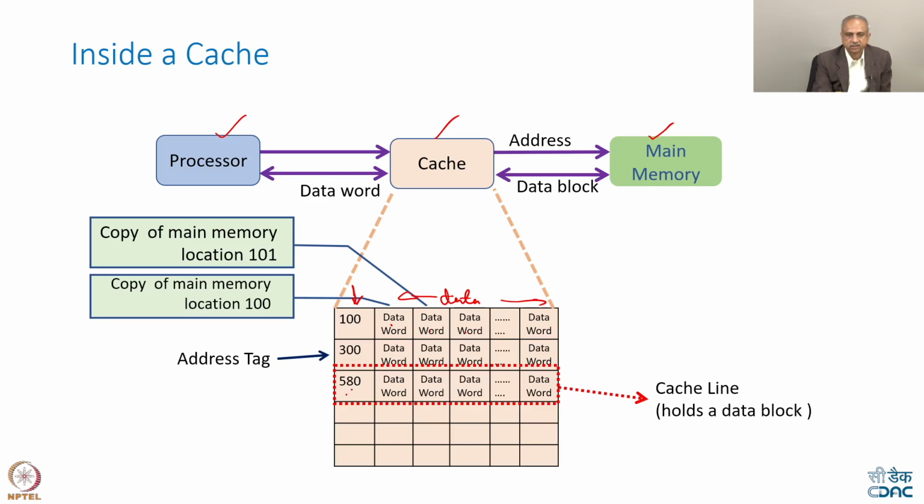This location is fetched from 580, this will be 581, 582, 583 and so on. So, this is called a cache line or a block, which has contiguous addresses in the main memory, and always it is organized as a collection of lines, and associated with every line is a tag. So, you have the data portion, the tag portion and the status portion, which will again be available for every line.